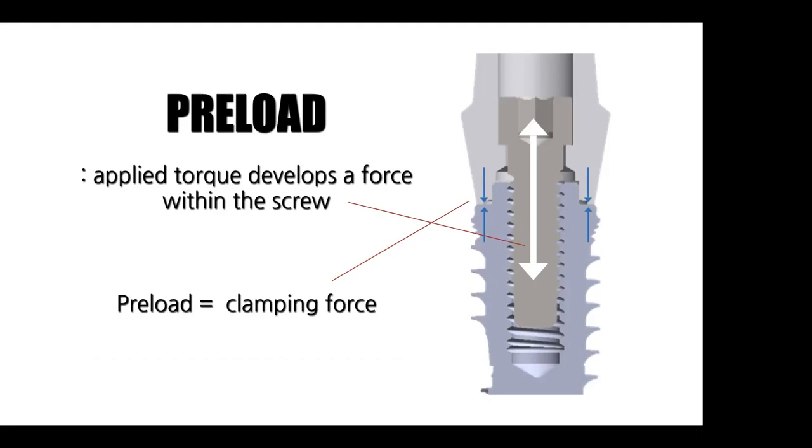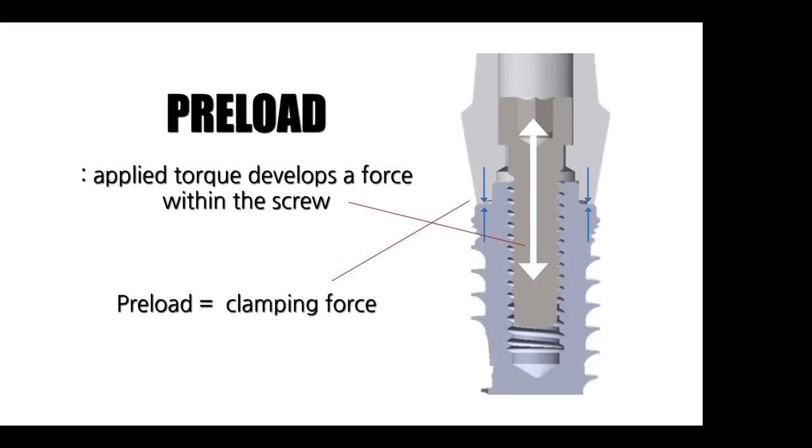Let me go back a little. If you keep tightening beyond that point, it'll only make the inner screw stretch out. These two objects, abutment and implant, will not come any closer. But instead, there's a clamping force built up inside the screw because it gets stretched out, which is called preload.